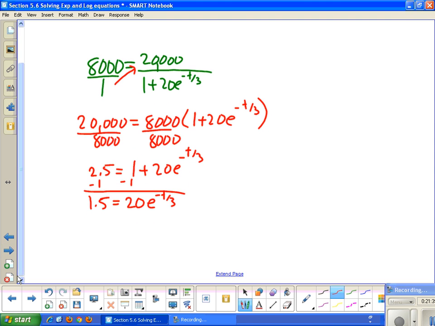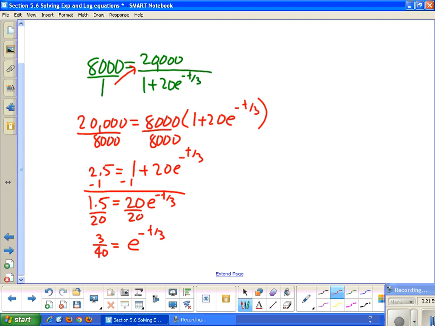And then from here, I would take that 1.5 and divide both sides by 20. If you do that, you get 3 over 40. I'm going to leave it as a fraction, equals e to the negative t over 3.